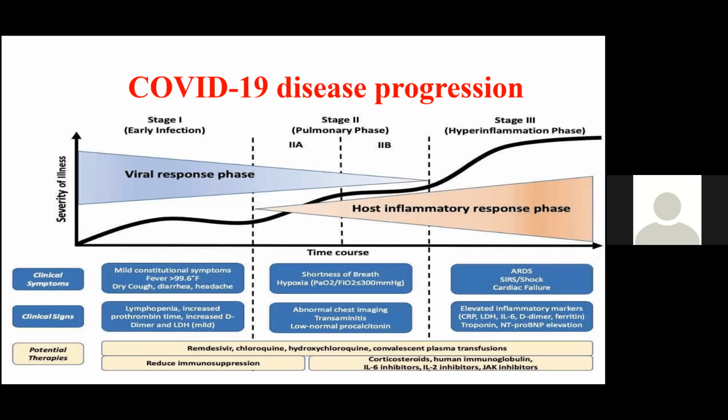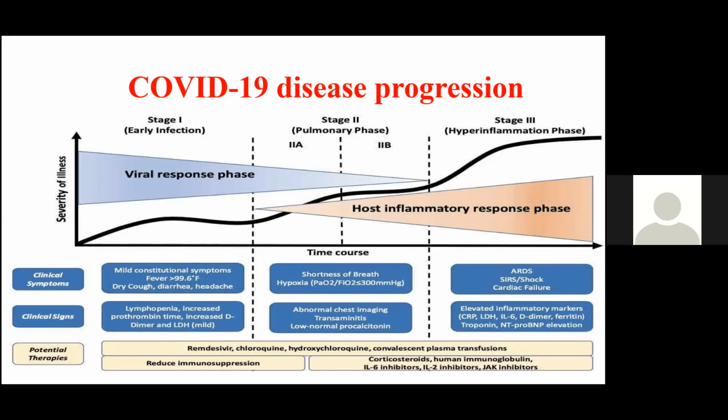In the early stage, stage 1, the clinical symptoms you may see are mild constitutional symptoms like fever, dry cough, headache, and diarrhea. Those are the most common symptoms we are seeing in our OPD patients.